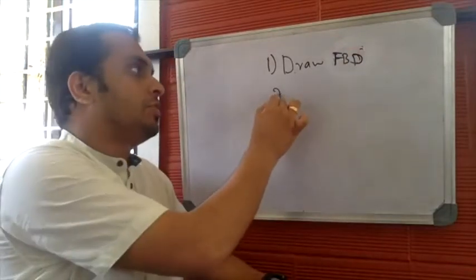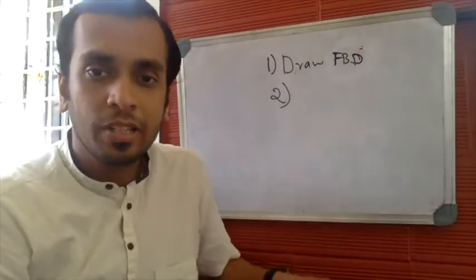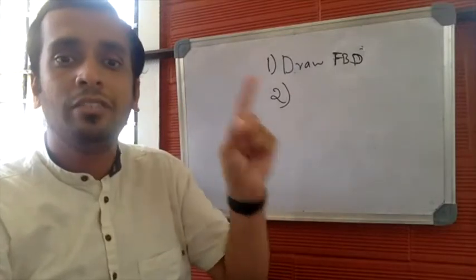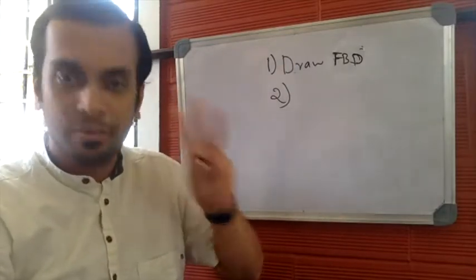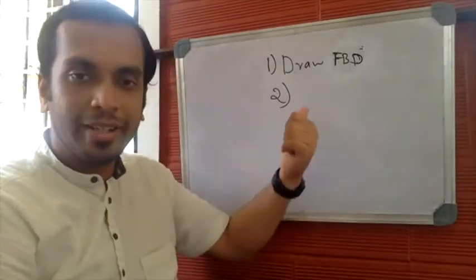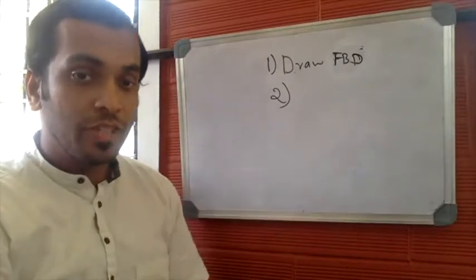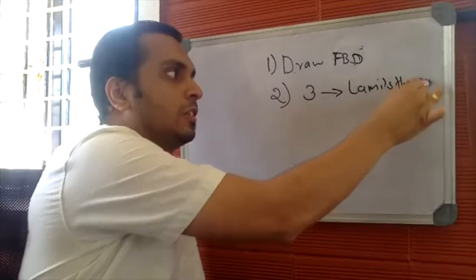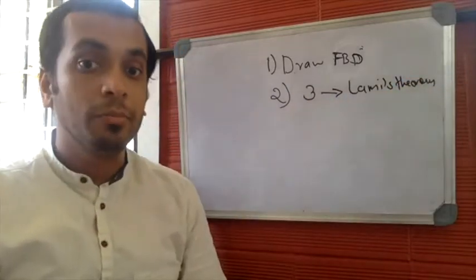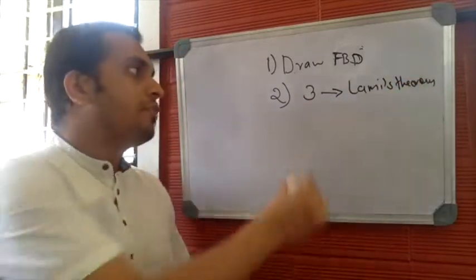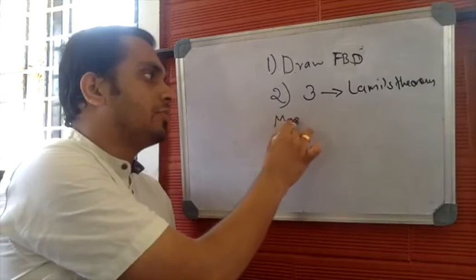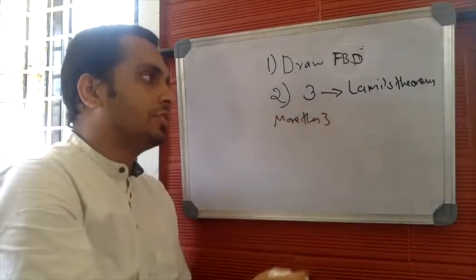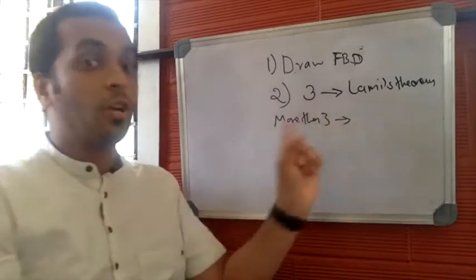Now, step number two. You have to observe the drawn free body diagram. If you have three forces to find the unknown force, fine. If you have more than three forces, you cannot apply Lami's theorem.